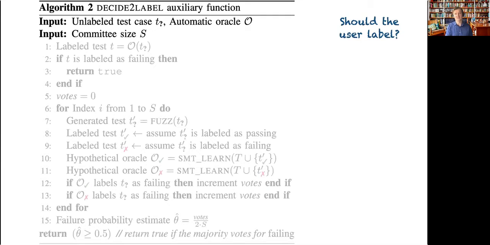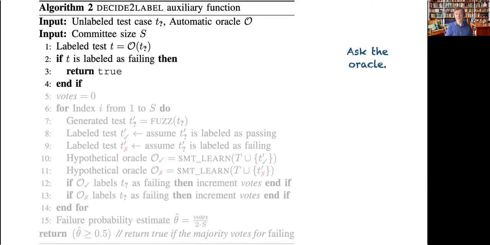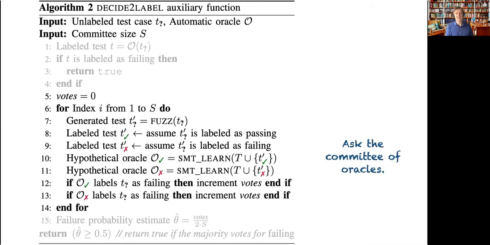So here's that algorithm to decide whether or not to send a given generated test case to the user for labeling. It takes the test case, an automated oracle, and the committee size as input. Firstly, we ask the oracle. If the oracle says it is failing, then we return true. The user should label this. We want to be conservative, right? So if it predicts passing, it could be wrong. So we ask the committee. How do we construct this committee of classifiers?